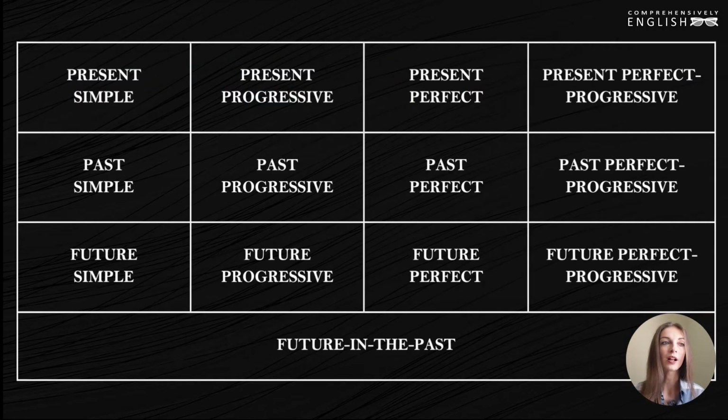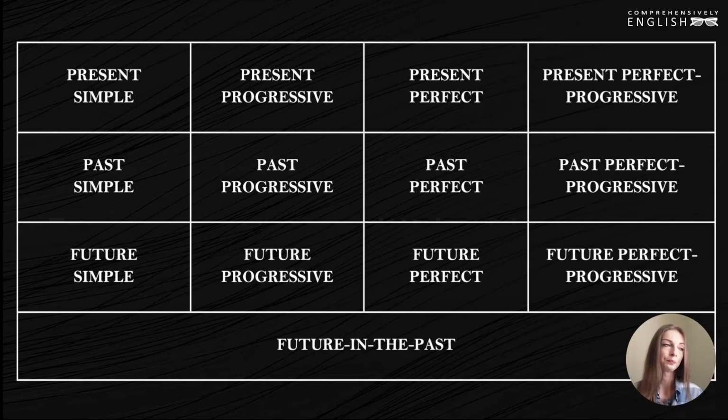These are the 12 grammatical tenses of the English language, active voice. Future in the past is also added because it's necessary for us to use future in the past when we sequence tenses, when we report somebody else's words.